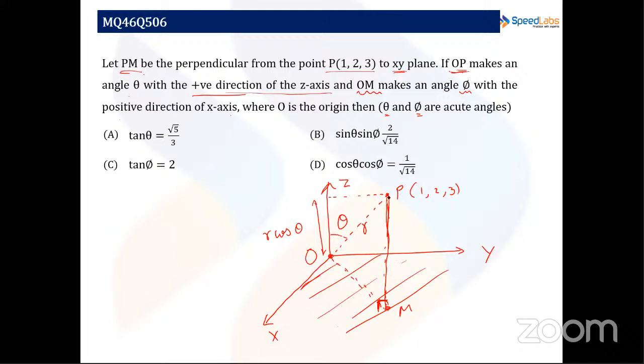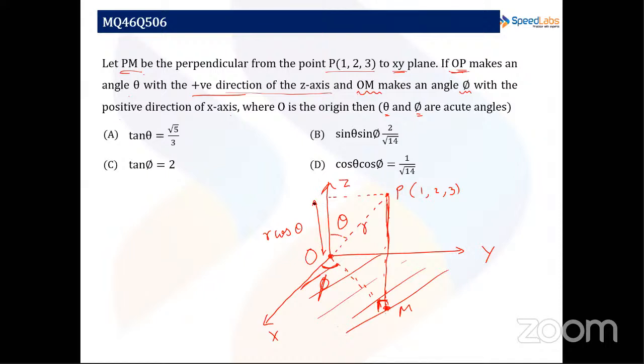So from a point P, we have drawn a foot of perpendicular that is dropping at point M in XY plane. And we are given that OM makes an angle phi with the positive direction of X axis. OM is making this angle phi.